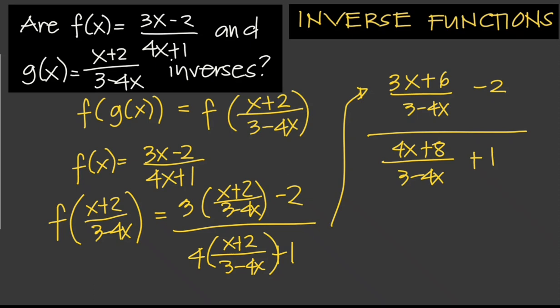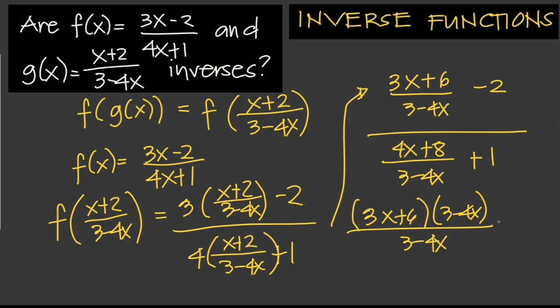We multiply each term by the LCD 3 minus 4x, then we get 3x plus 6 times 3 minus 4x over 3 minus 4x, minus 2 times 3 minus 4x.